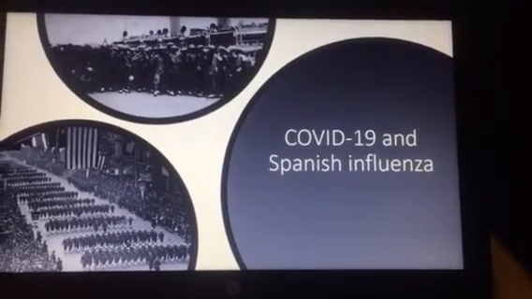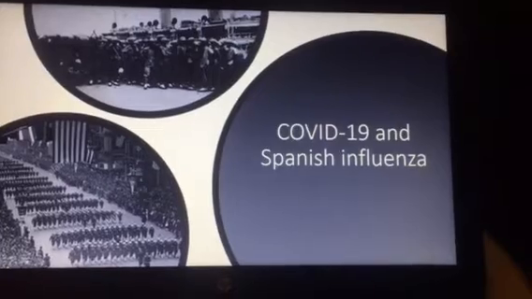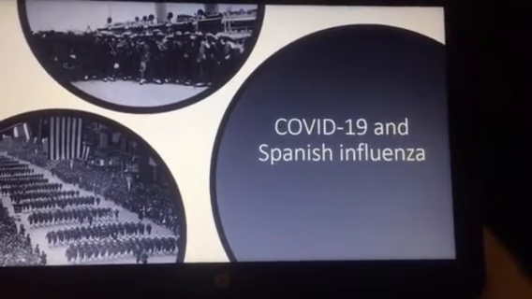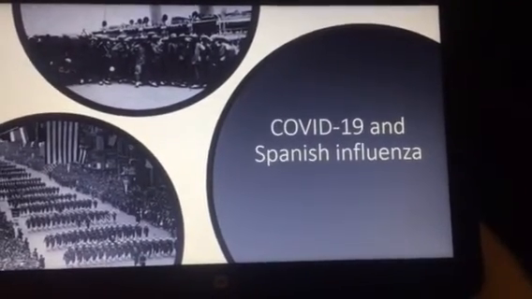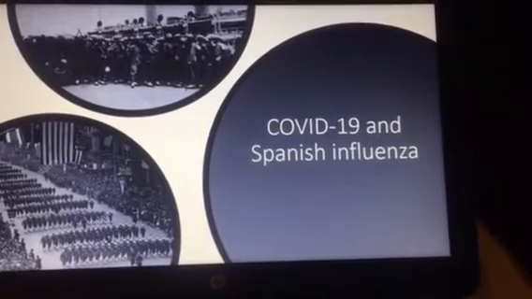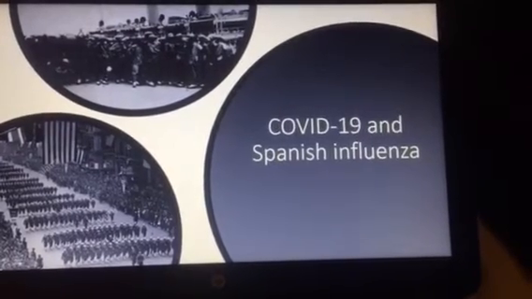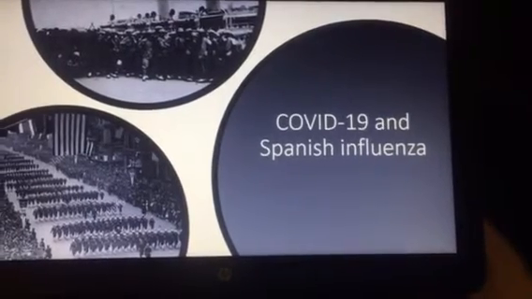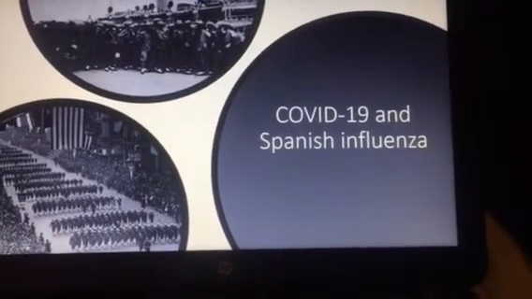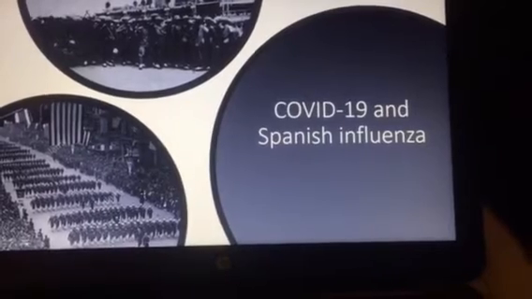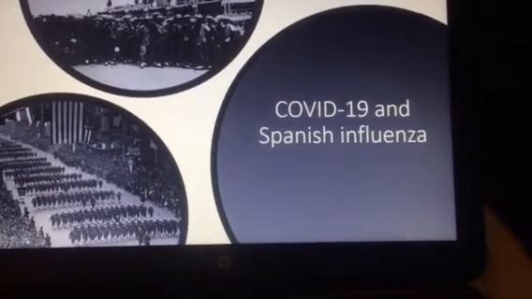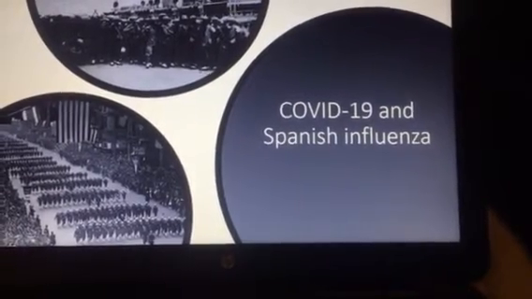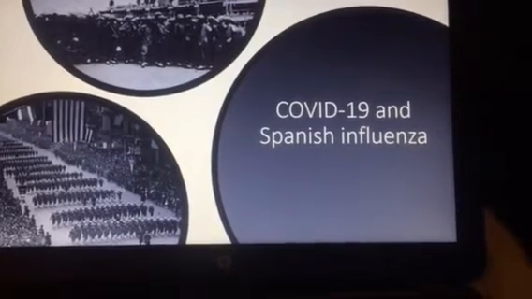The reason why it got so bad back then is because of these deployments, these times where soldiers were going and coming home and visiting while they were sick. There were also Chinese laborers in other parts of the country.